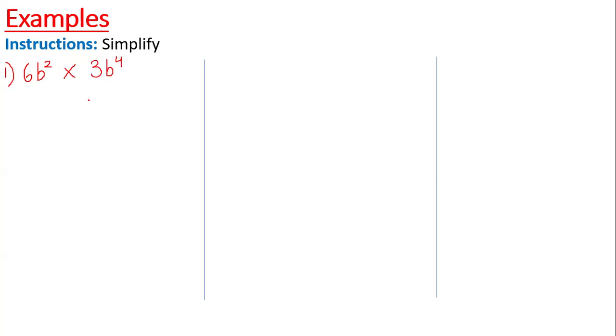How are we going to answer this? Put inside the chat, what do you think the answer is going to be for this one? We have 6b squared multiplied by 3b to the 4th. Put inside the chat, what do you think the answer is going to be?